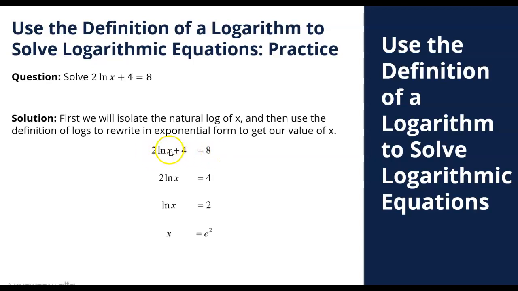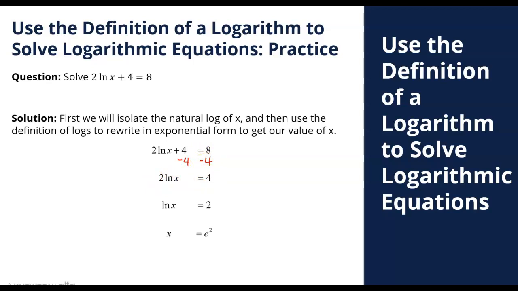This is the given. To isolate ln x, we first have to transpose 4 to the other side. We can do that by subtracting 4 on both sides. 4 minus 4 is 0, that leaves you 2 ln x, and 8 minus 4 is equal to 4.